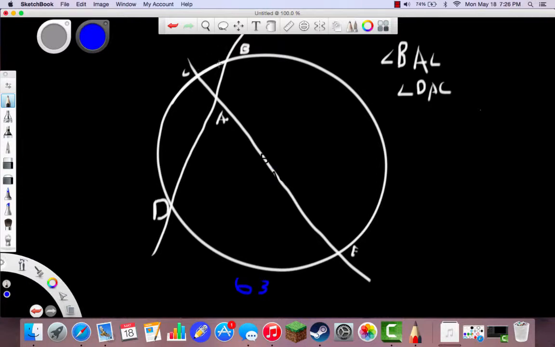Arc BC over here, the small one, is going to be 21. And arc CD is going to equal 110 degrees.